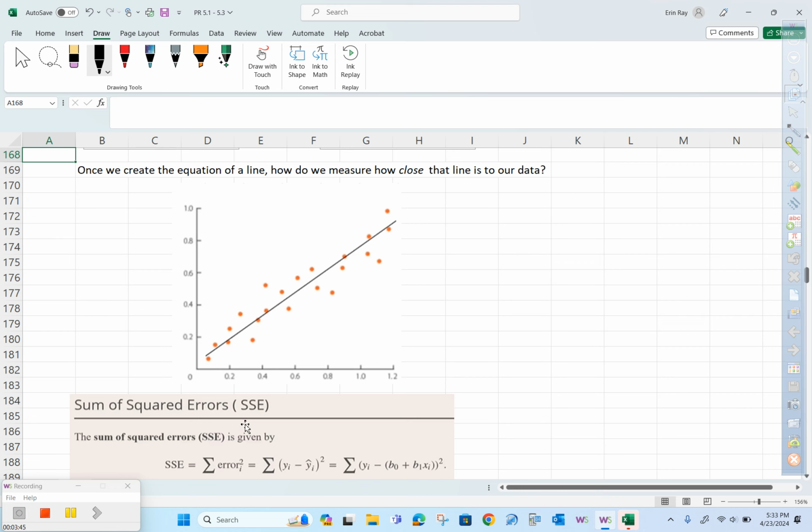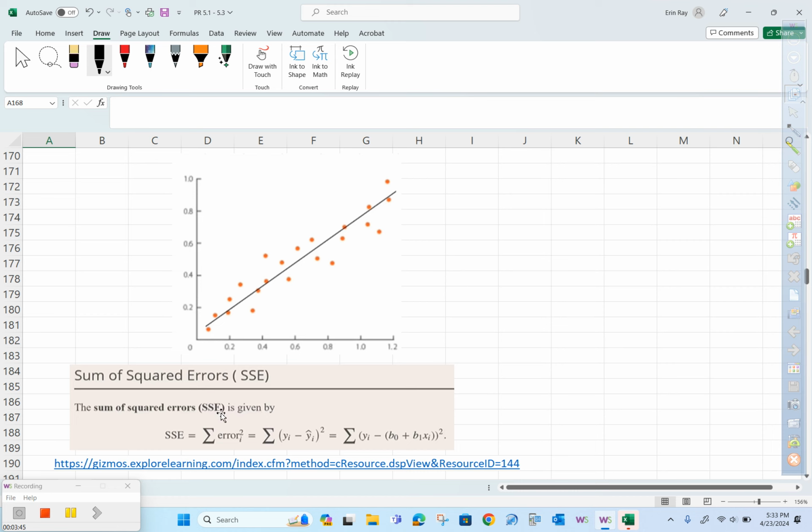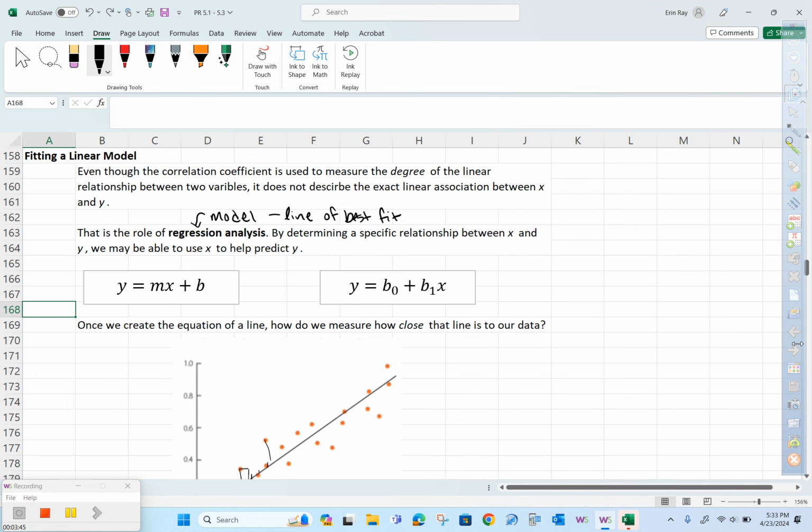And that's going to be represented by the sum of squared errors. Here's the visual for this, there's a link for it, but I'm just going to draw it on here. It's talking about the distance between each of these points to the line. And that's what this says, taking the y value minus the y value from the line of best fit, taking that difference and squaring it. And we're squaring it so that we have a positive value.